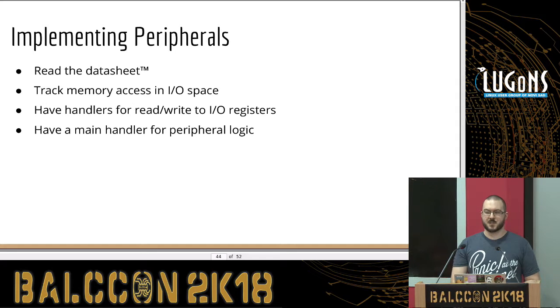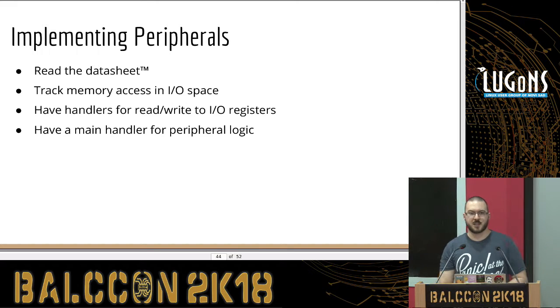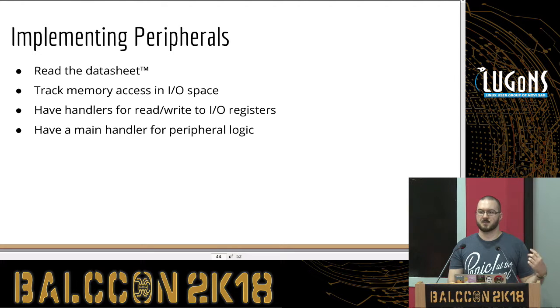You'll have to supply some kind of mechanism to allow handler routines, which you can just use as callbacks for read and write on I/O registers. And you'll have some kind of main handler where you handle the peripheral logic, for example, copying values around or dumping it to the command line or whatever you want to do with the peripheral.